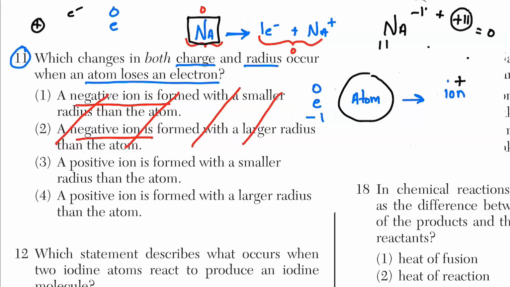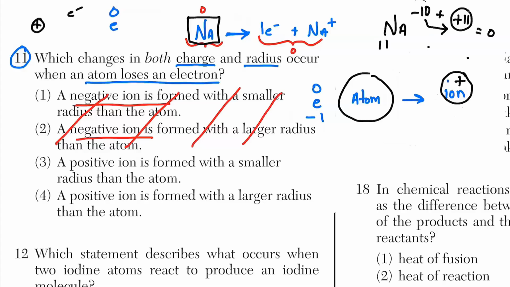And you can see that the positive 11 is now bigger, so the greater positive is going to pull the electrons in closer and it gets smaller. A positive ion is always smaller than its atomic radius because the protons outnumber the outside electrons and pull them in.